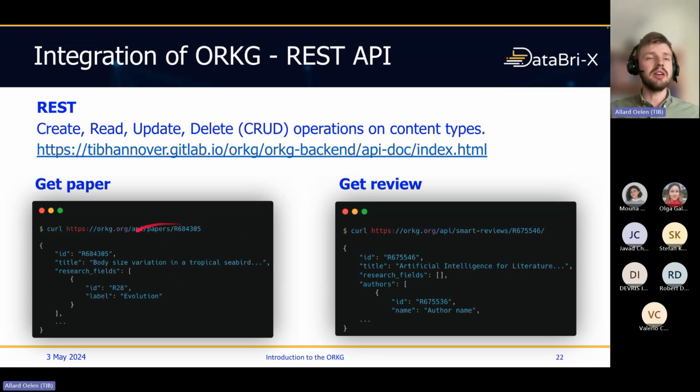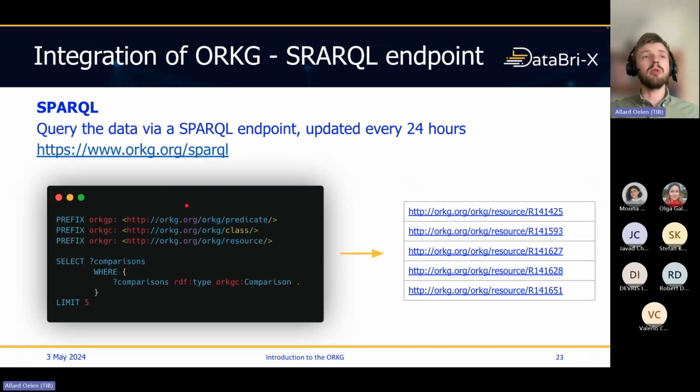So here we can see we can just access a paper with all the related data. The same applies to review. So we have the review related data, including the sections here and what content is in the sections. So this is all available in such a JSON format, but also in a more structured format using the SPARQL endpoints.